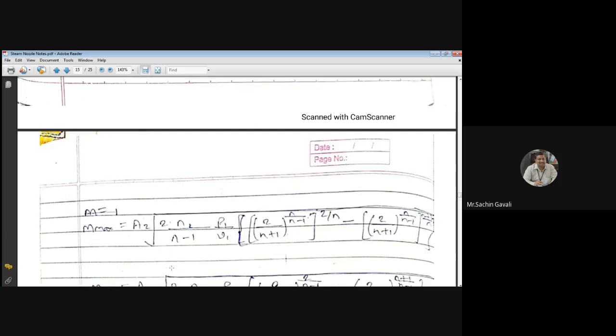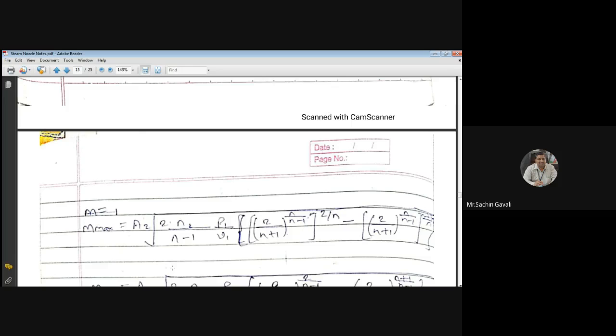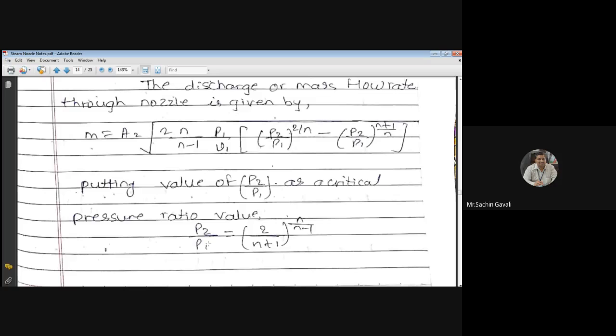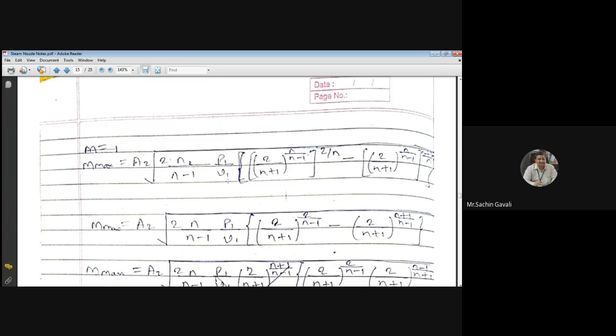Okay. Then, therefore, m will be called now m max. m max is equal to A2 into square root of 2 into n upon n minus 1, P1 upon V1, with curly bracket.